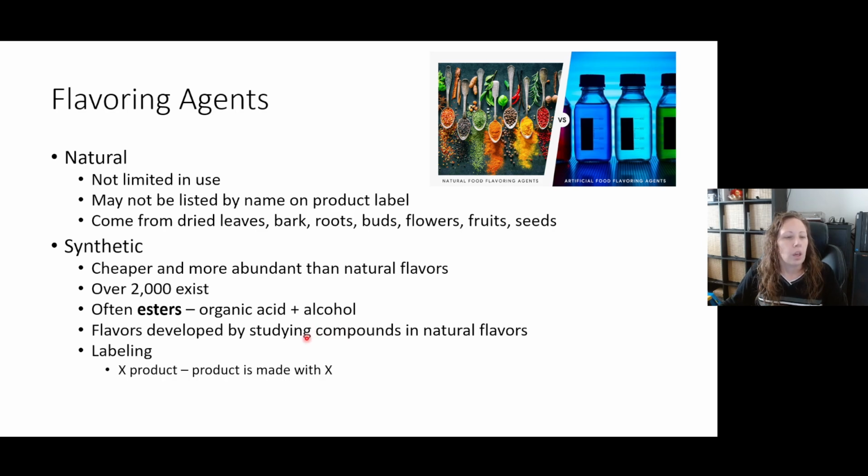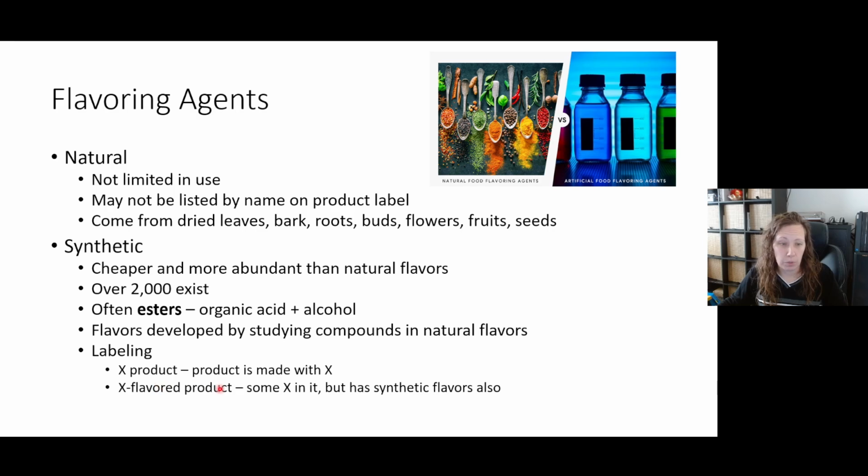I'll just use the book example because it is pretty good. So X product. In the book it said strawberry yogurt. Okay. Well, that means the product is made with strawberries, right? This is kind of a natural flavor, and the product is made with the actual source of that natural flavor. Okay.